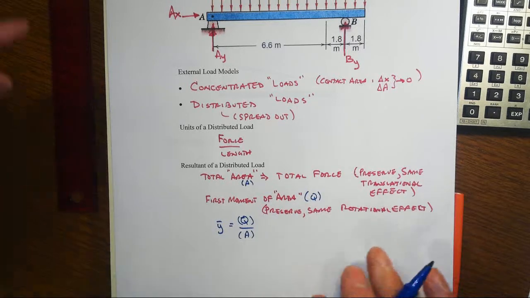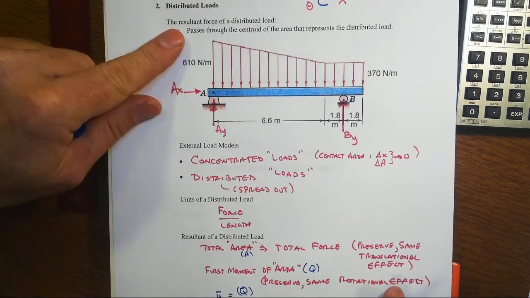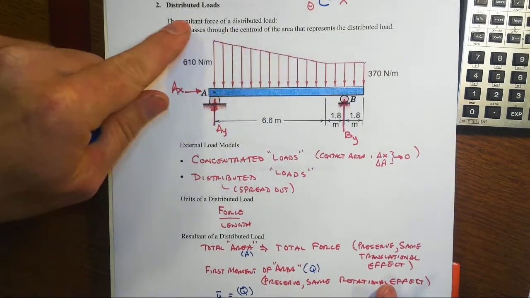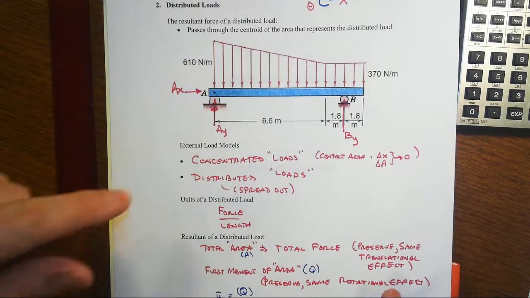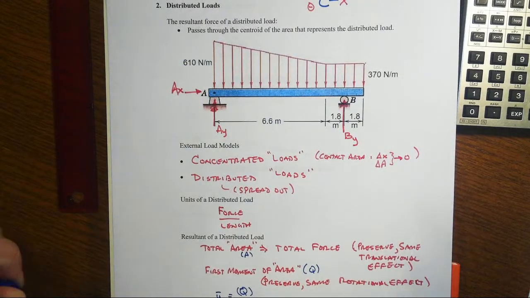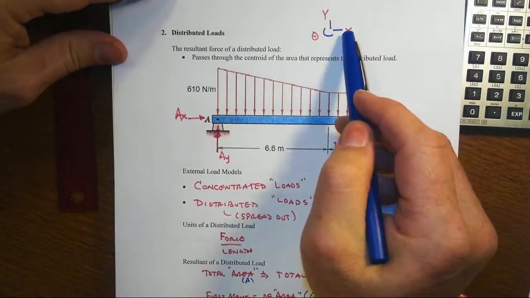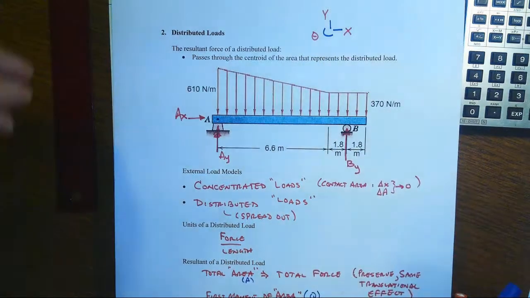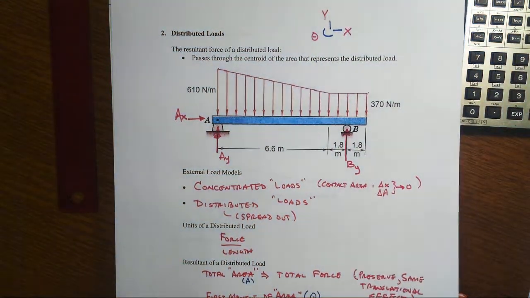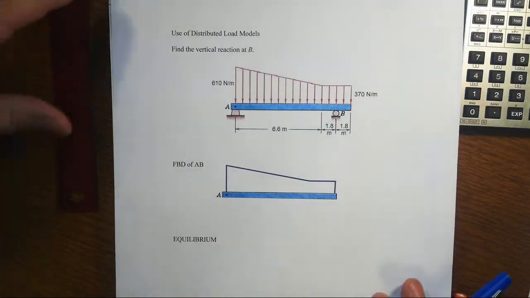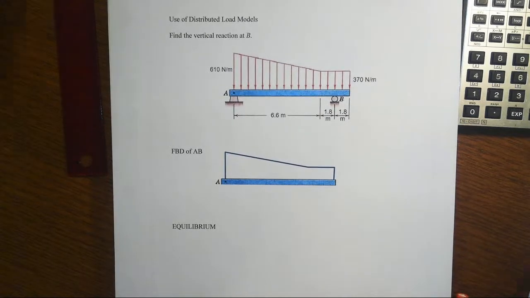In other words, that's why the resultant of the force of a distributed load passes through the centroid of the area that represents the distributed load. What that does for us is it preserves both the translational effects and the rotational effect of that force. So let's see how this plays out in much grander detail.